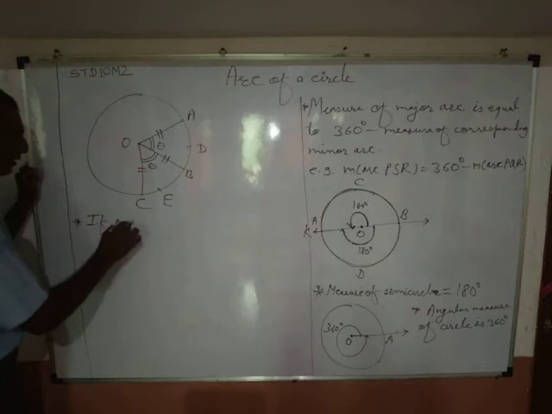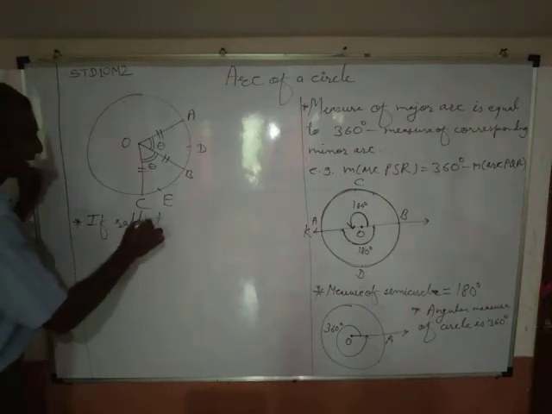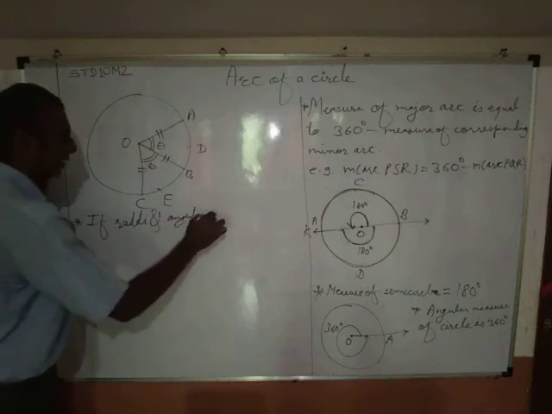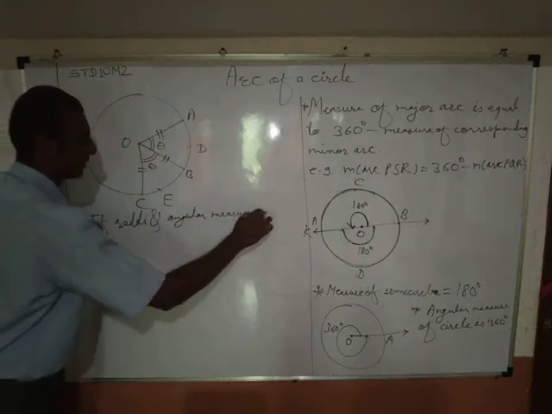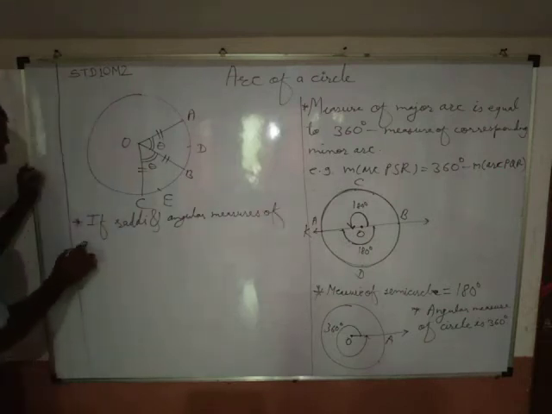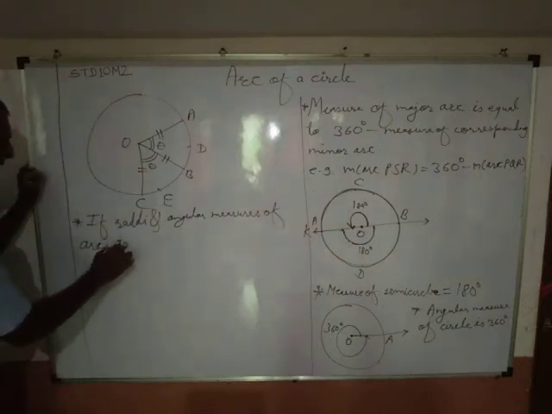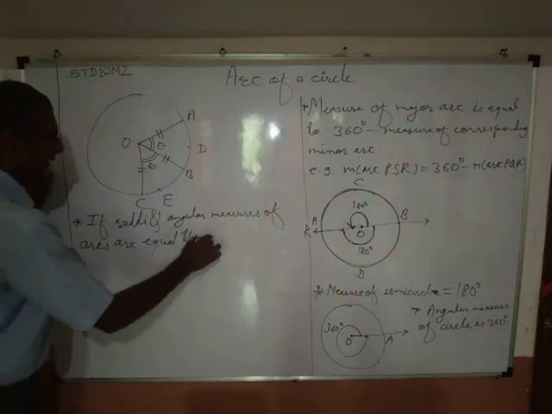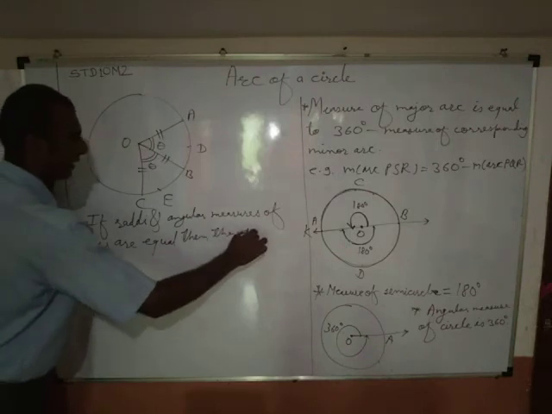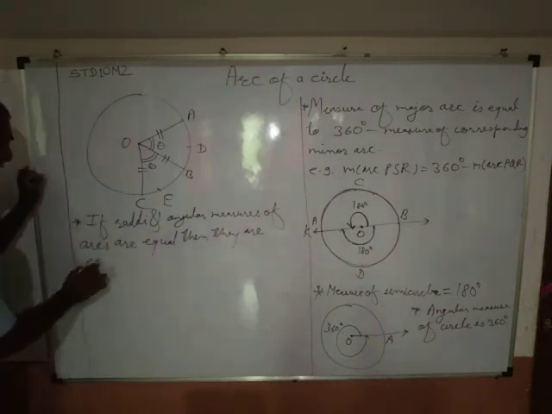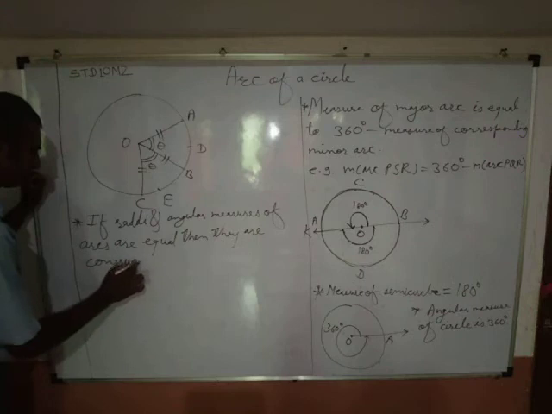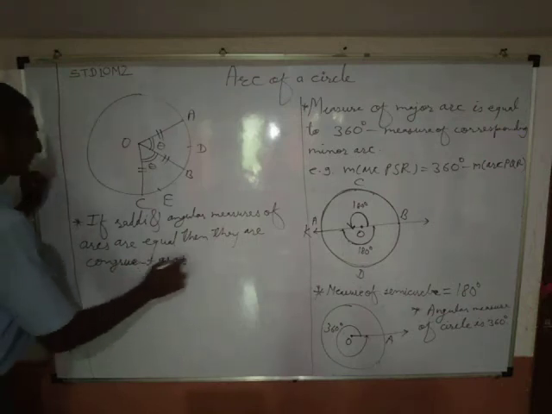Let me mention here, if radii and angular measures of arcs are equal, then they are congruent arcs.